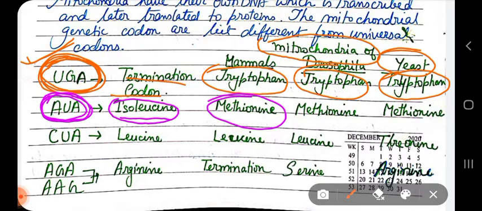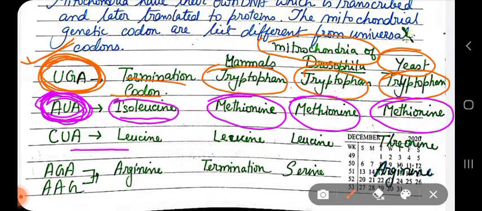Same in the case of Drosophila: the mitochondrial DNA of Drosophila has the AUA codon coding for methionine. And in the case of yeast, within the mitochondrial DNA, AUA codes for methionine as well.